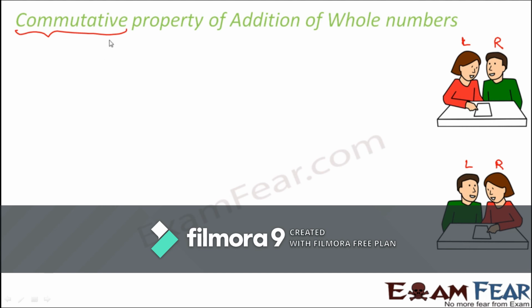So what it actually tells is, let us say if you add any two whole numbers, for example 18 and 6, the result is 24. Now if you exchange the position of these two whole numbers, that is, if instead of writing it as 18 plus 6, you write it as 6 plus 18, the result would still remain the same.